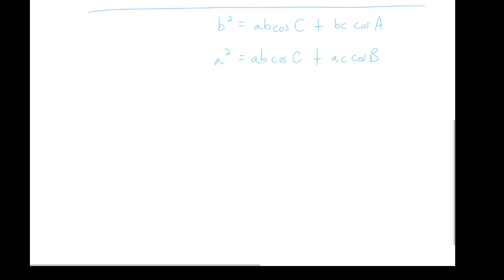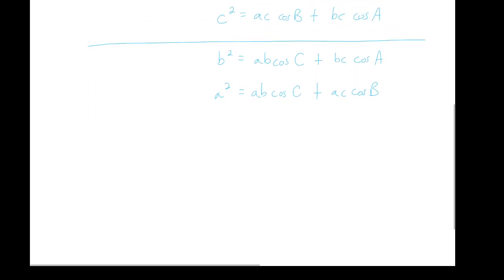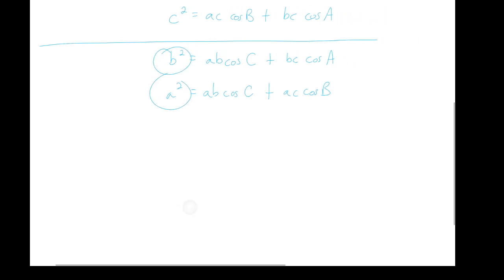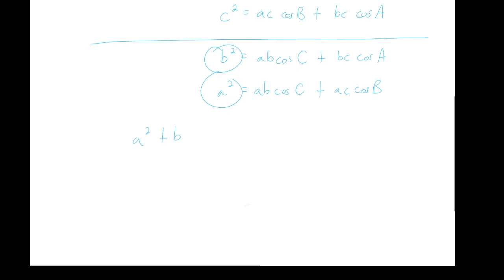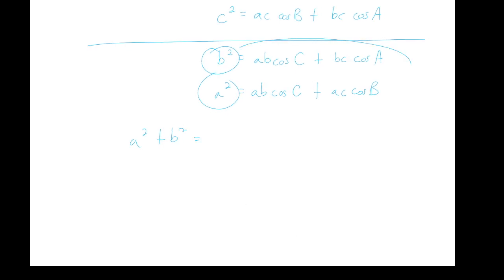All right, now, just considering where we're at algebraically, we could take A squared and B squared and take a sum of those. So I'm curious what A squared plus B squared is going to be, and this is not a right triangle. It's not just going to be C squared. So A squared plus B squared is going to be equal to the sum of those terms that we have right here.